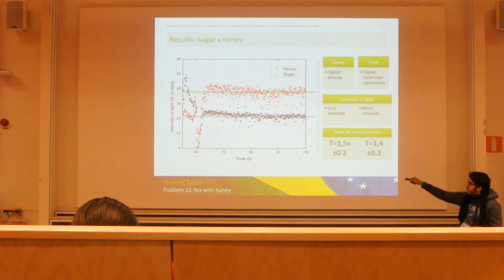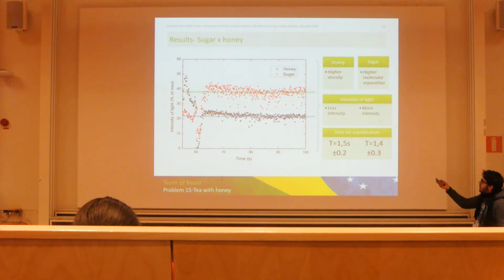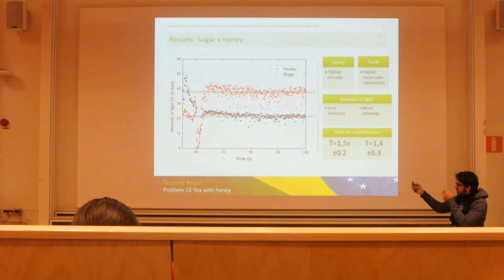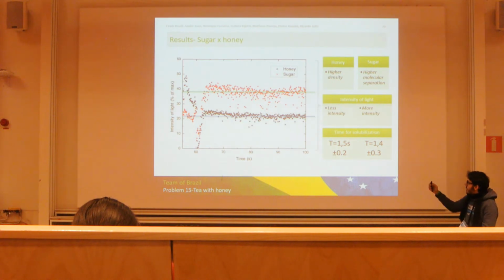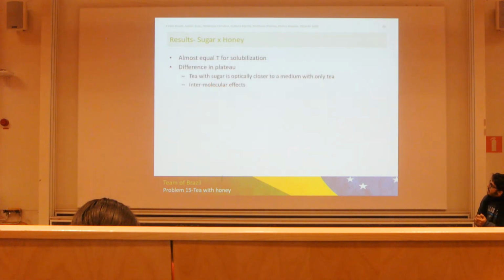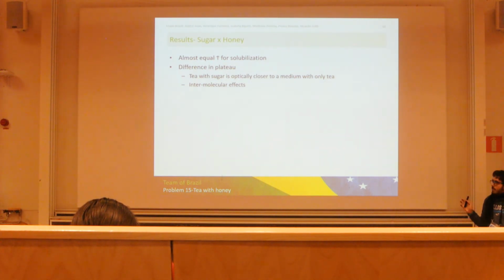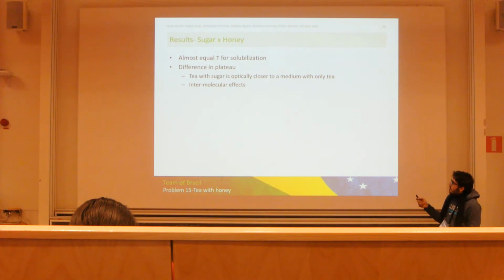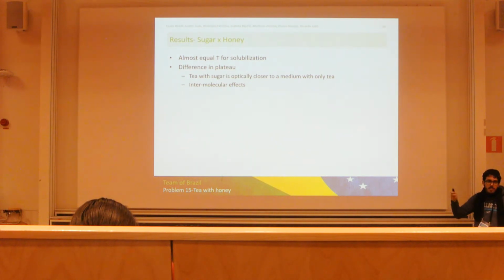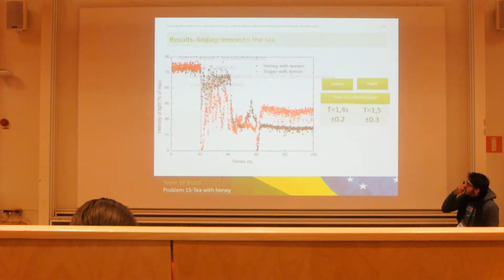This is why you get these 2 differences in plateaus. And also the time of stabilization happens really fast. So in the results comparing sugar and honey, we have almost the same time for stabilization. There's a difference in plateau due to these 2 things I mentioned before.